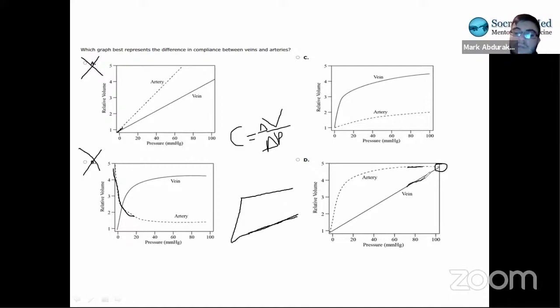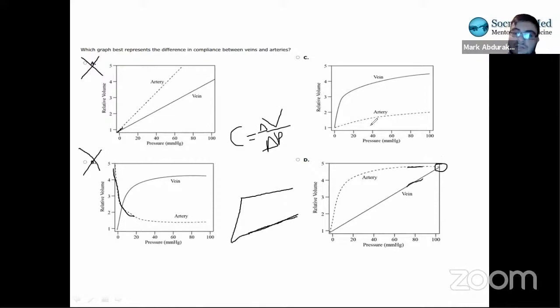Very small is not the same as constantly increasing at a good rate. So the slope itself is not equal. The y values, the relative volume, might be equal at the end, but the actual slope, which is what we're looking for, is not equal.